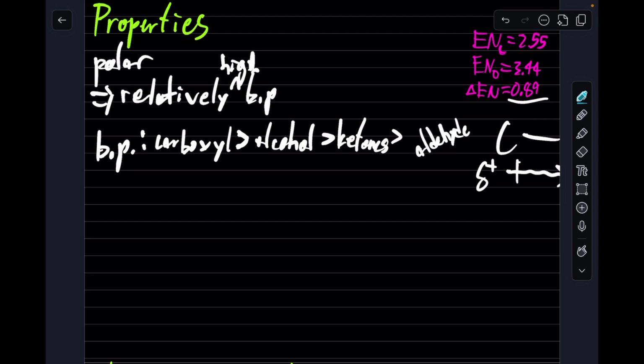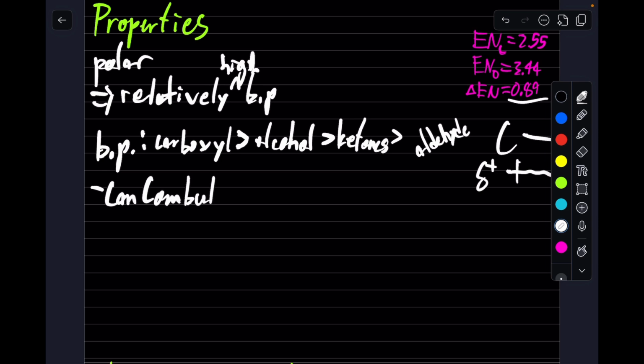And also, pretty much all of these can combust because they are essentially still hydrocarbons, but this time they just have oxygens as well, which can give oxygen to fuel the combustion as well.